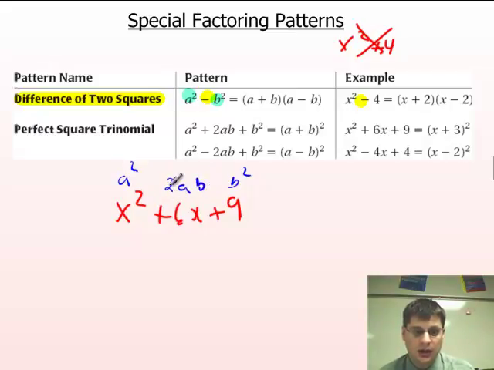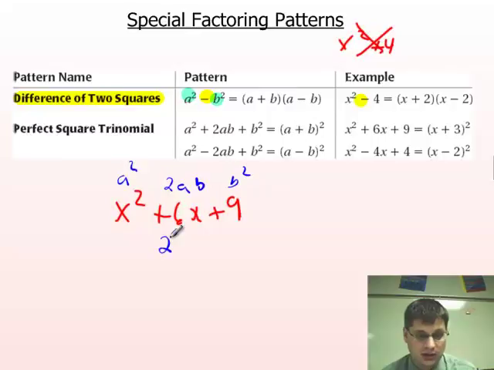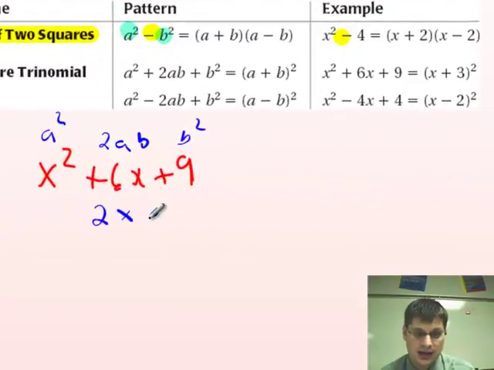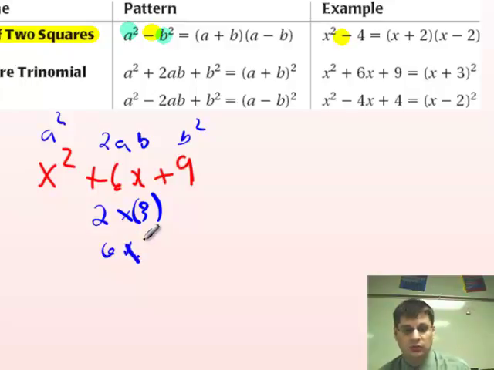The square root of x squared, to get just a, is x. And for b squared, you square root to get 3. So 2x times 3 is 6x. It works. It passes our little test here.